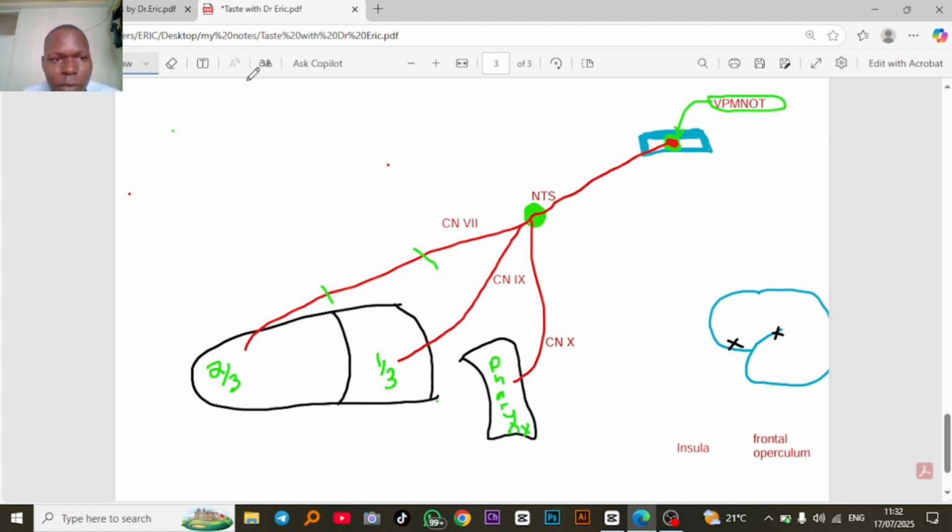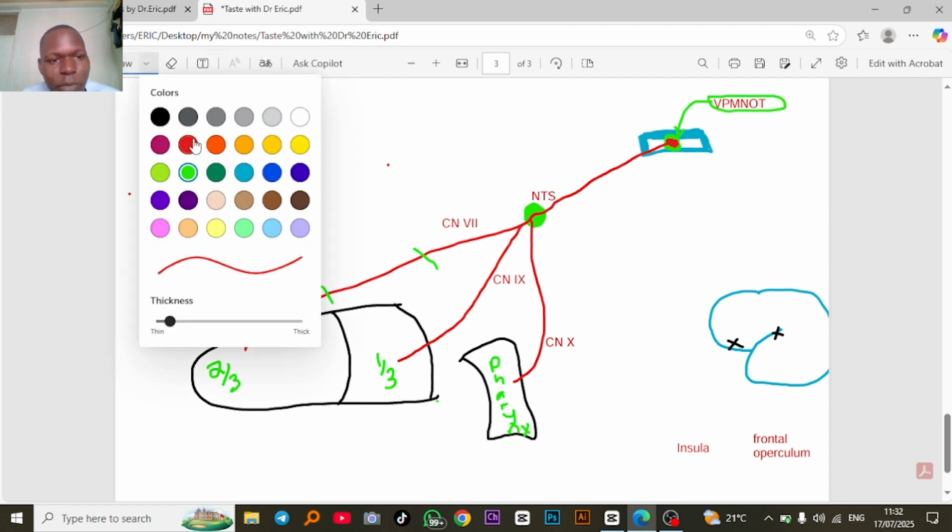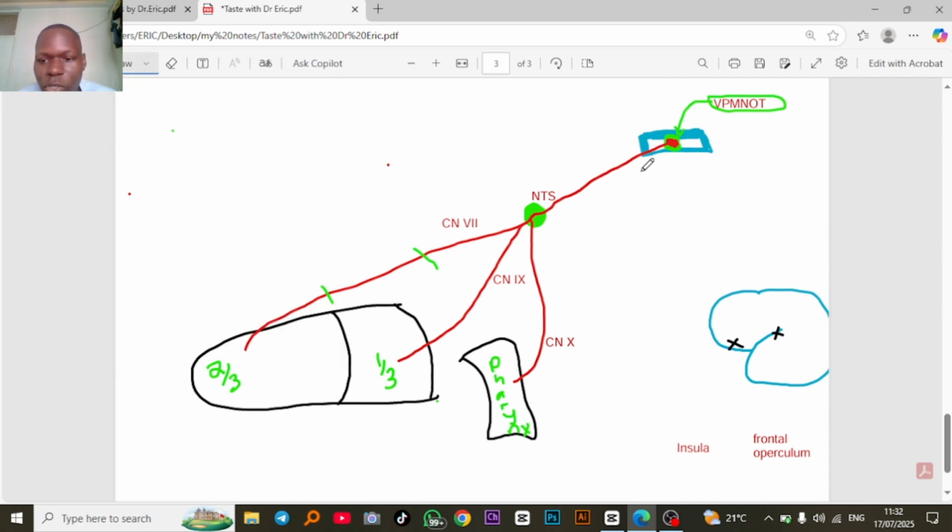Then from the VPM nucleus, information will be taken to the gustatory cortex. That is the primary gustatory cortex, which is in two parts. The first part is within the lateral sulcus of our brain.